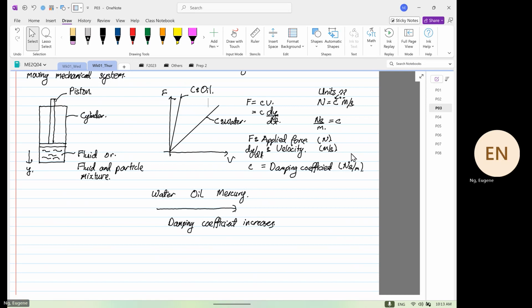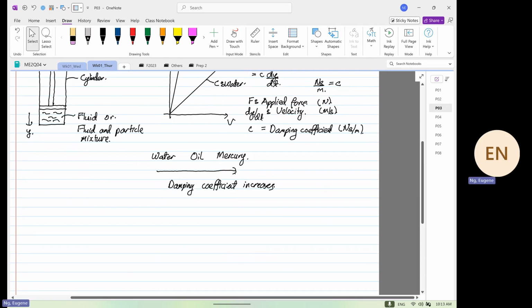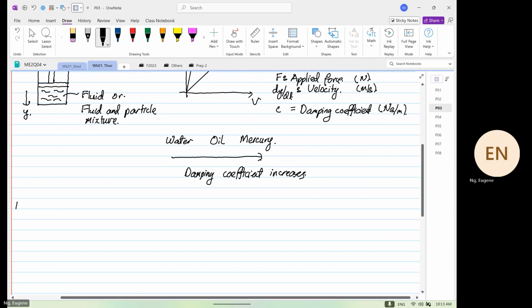There you go. The last thing on a mechanical system is the mass. Okay, it's the mass.